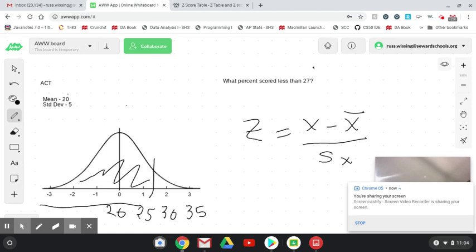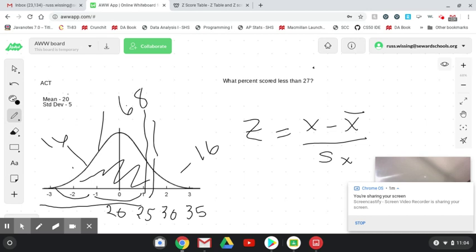So we know that if we looked from a 25 down, there's 68% in here and 16 more over here, because we know there's another 16 over here. 16 is less than 1, and there's 68 in the middle here. So we know it's going to be more than, right here's one standard deviation, so that's 84%.